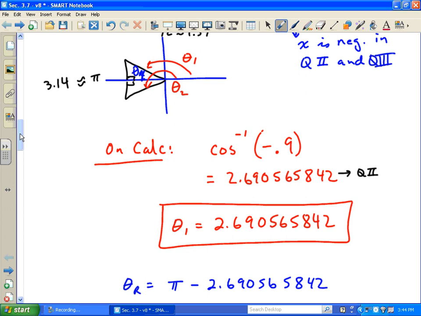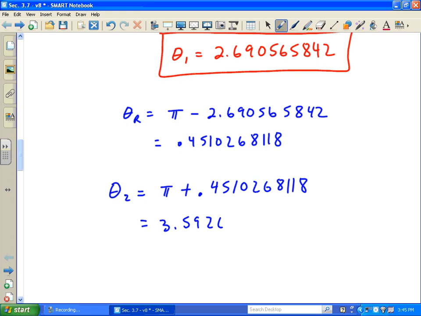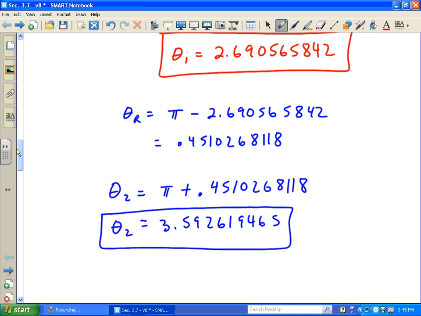If the reference angle from the x-axis up to theta 1 is this value, then also the reference angle down to theta 2 from the negative x-axis would be that value. So theta 2, I would take pi, and I would add the reference angle that I just got. Okay, and that would result in 3.592619465, and that would be my value for theta 2.